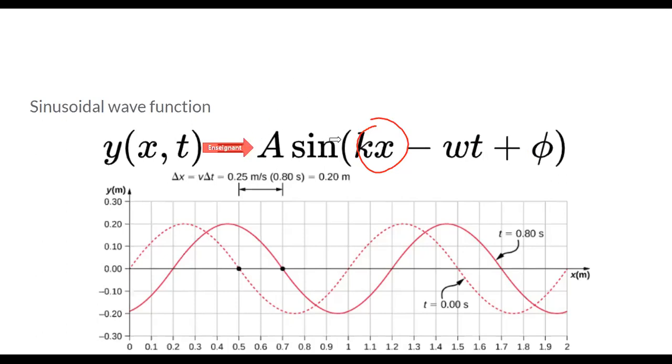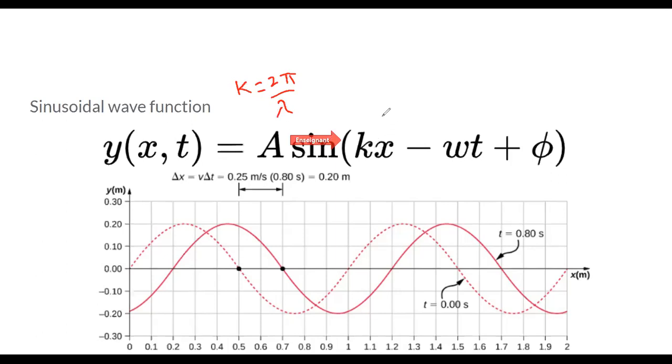And then if you look inside, there's the wave number, and this is there to account for the wavelength, because the wave number k is sort of like the angular version of the wavelength. And you'll note though that it's not 2 pi lambda, it's 2 pi over the wavelength.